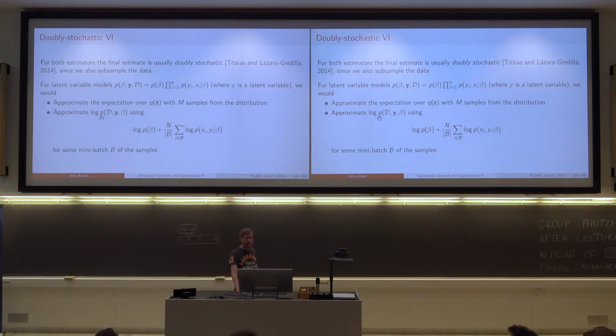And instead of using the actual full logarithm of the joint density, we approximate that stochastically by looking only at the mini batch of the individual samples. So the prior over the parameters is there as it is. Then there is a sum over the data points in that mini batch for which we evaluate the log of p.